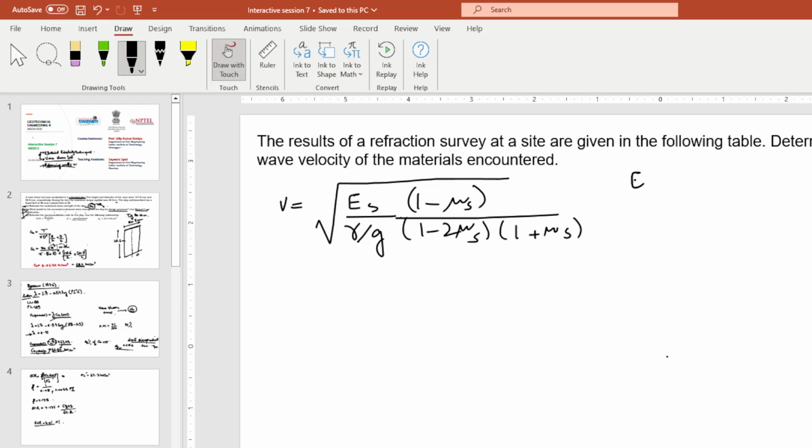See, Es is the modulus of elasticity of the medium.